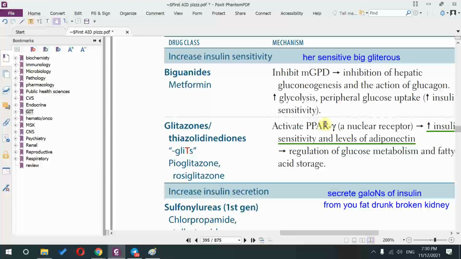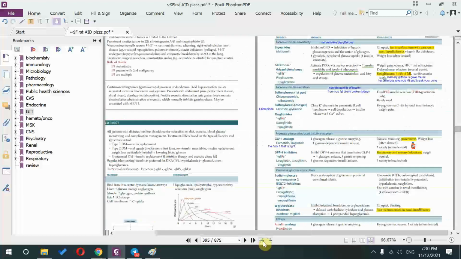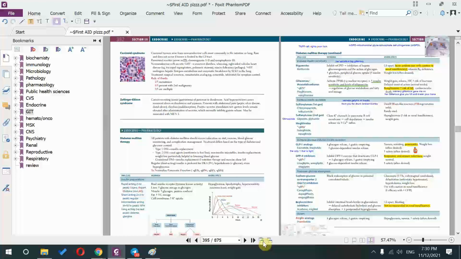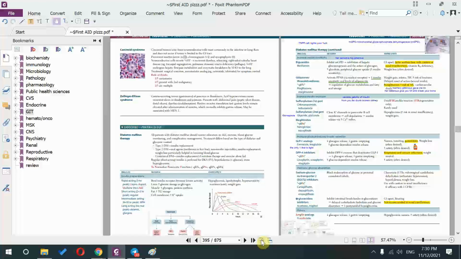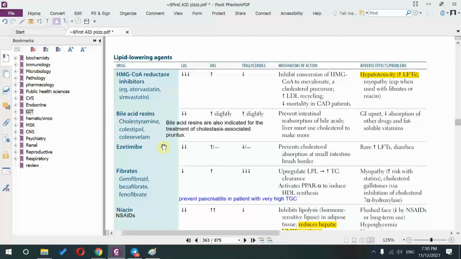As you can see, they activate the PPAR gamma, while if we speak about a drug that is a fibrate, it's PPAR alpha. That's super different from each other. This is alpha, that one is gamma.